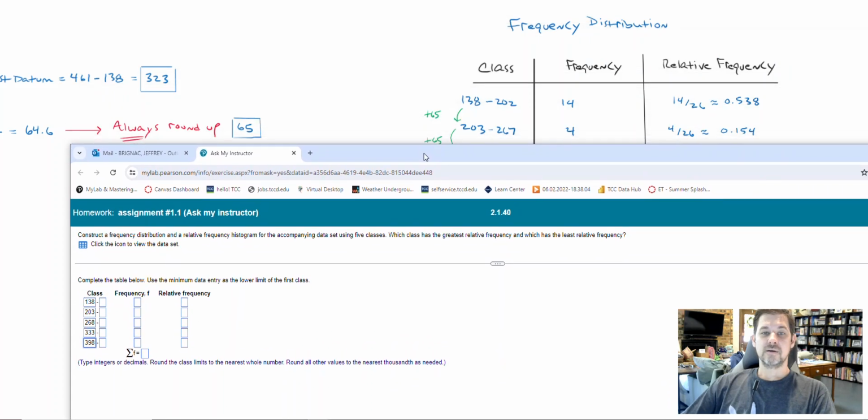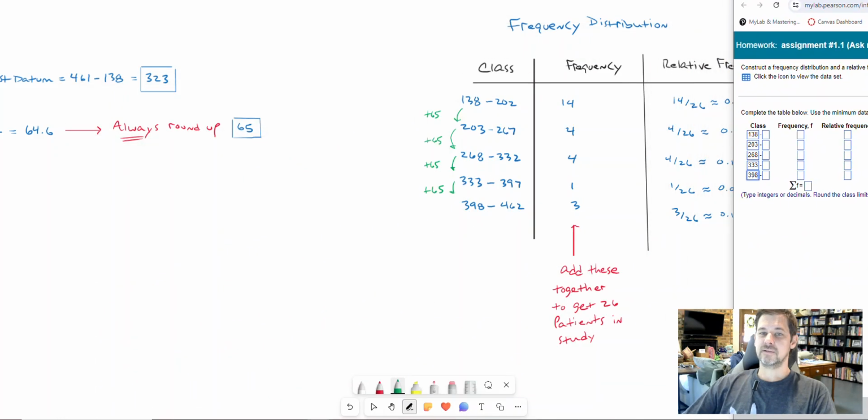Now what about the rest of them? How do I know that this first class goes from 138 to 202? Well, that's pretty easy. This one has to end where that one picks up from. So if this one picks up at 203, this one ends at 202. It's just going to be one smaller.